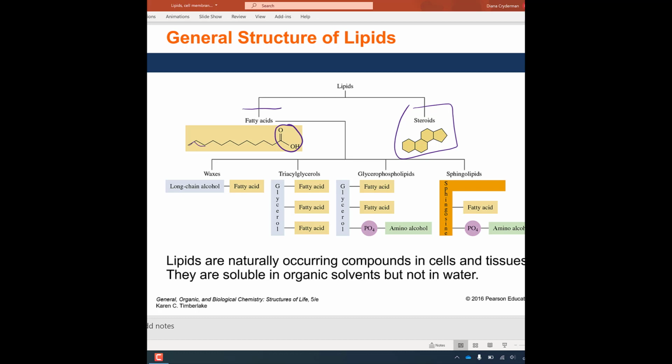Within that, we'll see waxes, triglycerides, glycerophospholipids, and even sphingolipids. Separately, we'll have our steroid hormones. We'll have a brief overview of what these are and then dive into each of them more in depth.